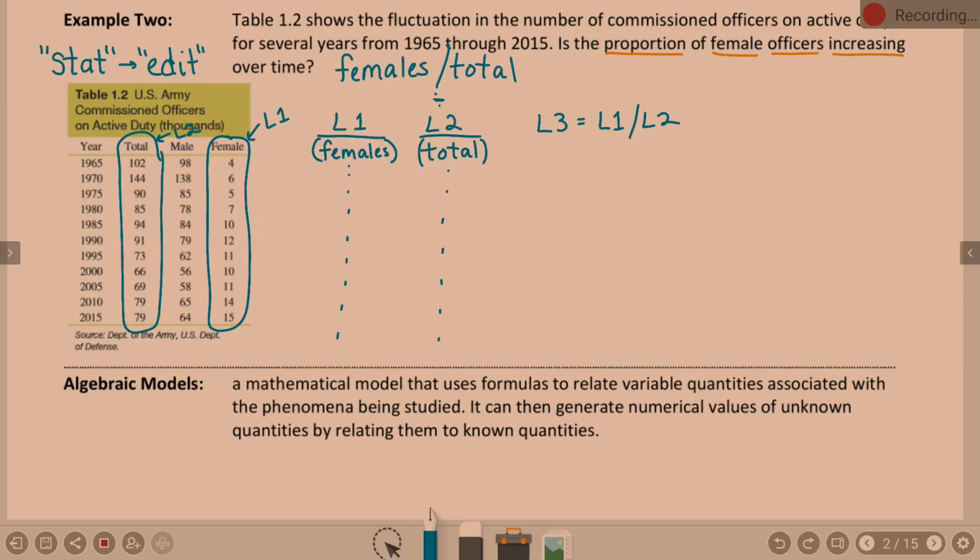And what we're going to do is find L1 and L2, which, do you see them in blue down above the 1 and 2 buttons? If they're in blue, that means they are second functions, correct? So I'm going to do second L1. So notice it says equals L1 divided by second L2. And as long as I'm in the L3 heading column, when I hit enter, L3 is going to magically fill in.